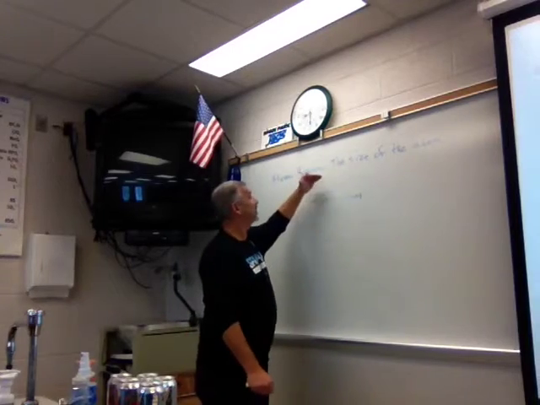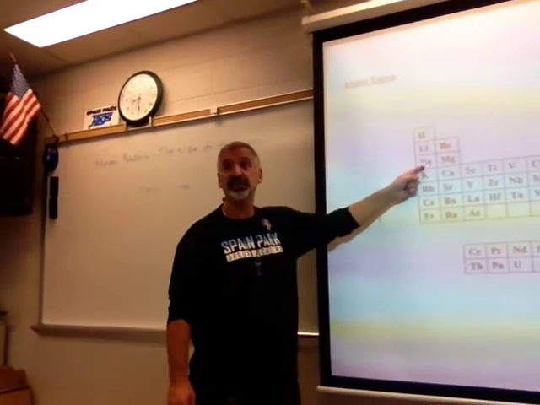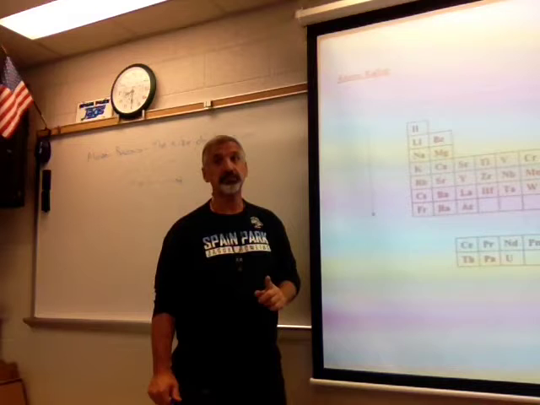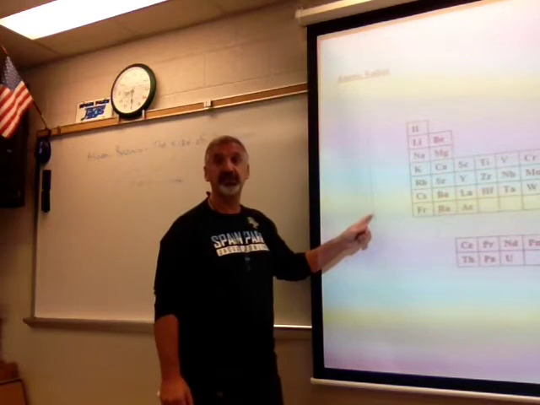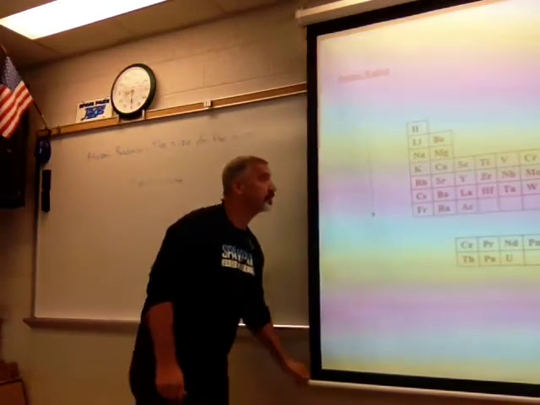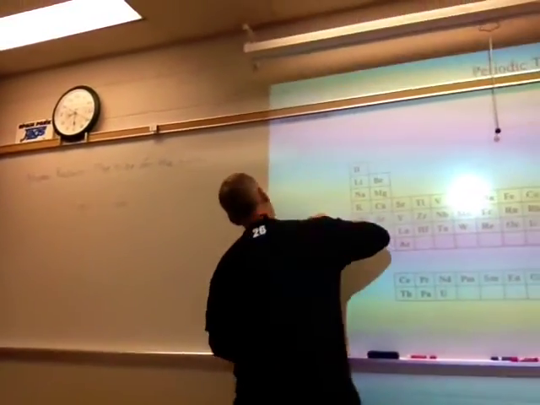But atomic radius, the size of the atom. What did we say happens to the size of the atom as it goes down? It gets bigger. And why? More energy levels. So I would write on here, increases going down. So it increases.